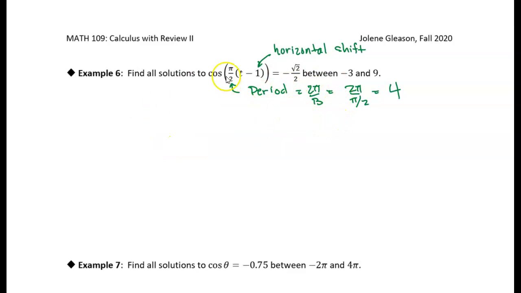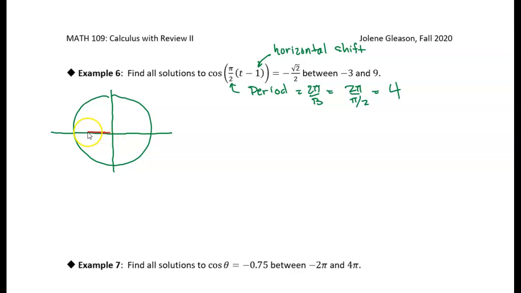But really what we need to do is find out what values have a cosine of negative square root 2 over 2. So I'm just going to start by drawing a unit circle, or you may be pulling out your unit circle and looking it up. The cosine is negative, so we're on the left-hand side here.